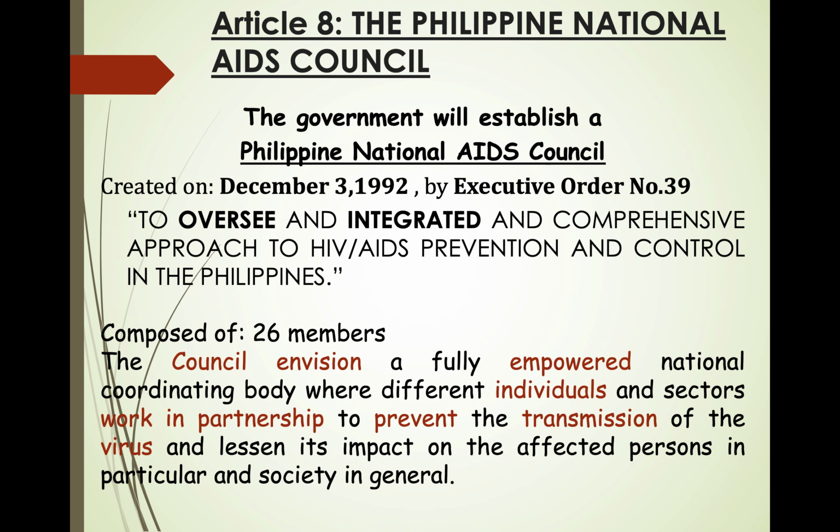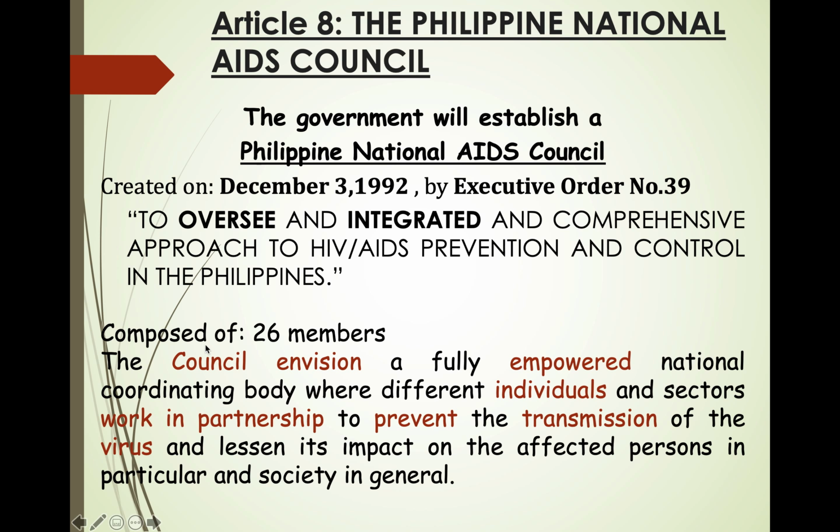So it was around that time that the Philippine National AIDS Council, even without RA 8504 at that time, was founded. So they were actually to oversee and integrate the comprehensive approach to HIV/AIDS prevention and control in the Philippines.